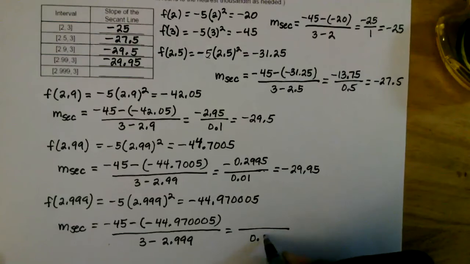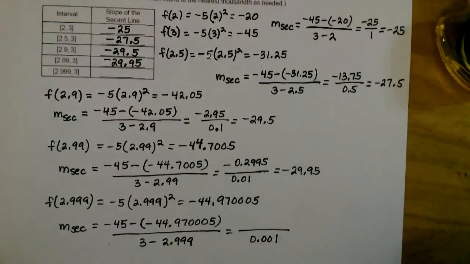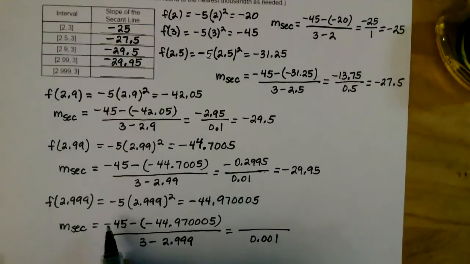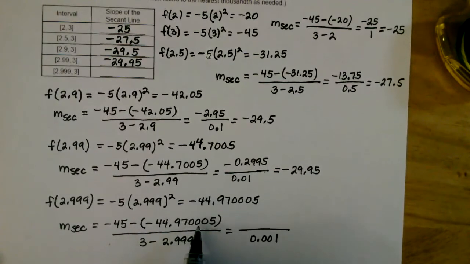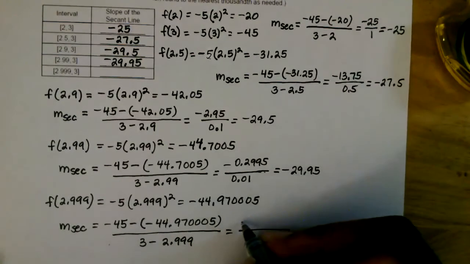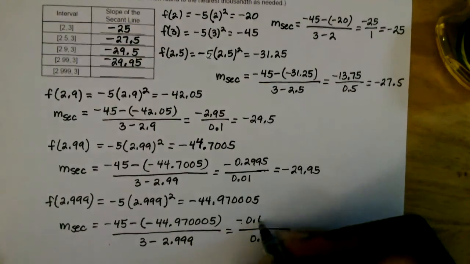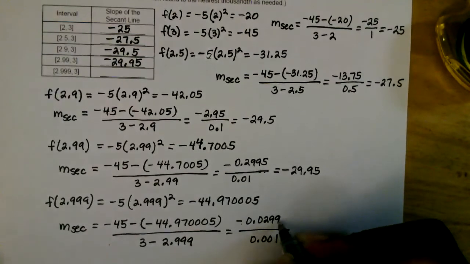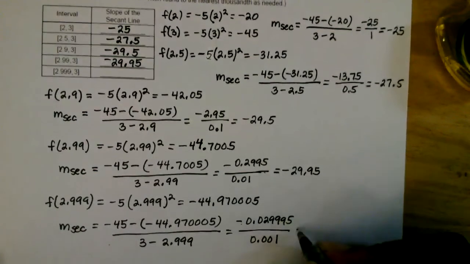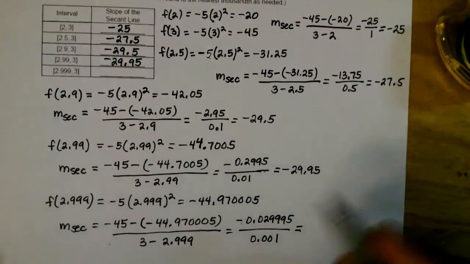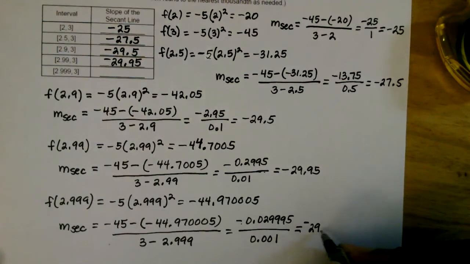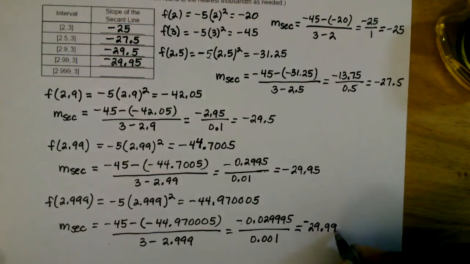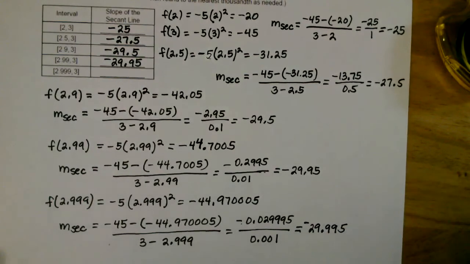That denominator will be 0.001. The numerator, -45 minus -44.970005, will end up being -0.029995. Divide this, and you'll end up with -29.995.